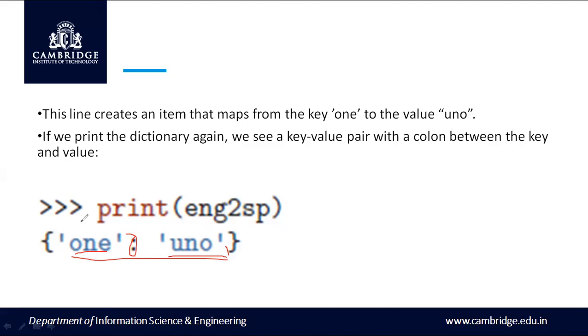So these are called the key value pairs. You can have as many key value pairs as you like within a dictionary. This line creates an item that maps from the key 1 to the value uno. If we print the dictionary again, we see a key value pair with a colon between the key and the value.